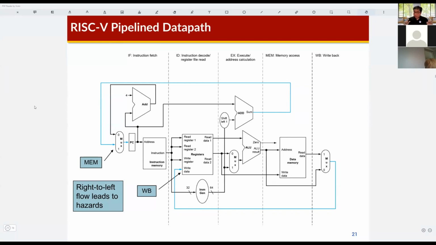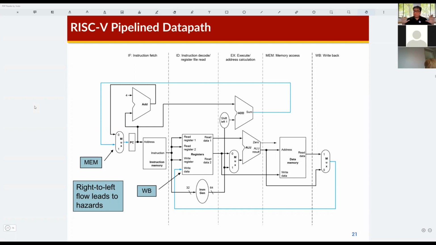Also, we define the control unit of the single cycle processor, because each data path element requires control signals from the control unit. These control signals are determined based on the instruction formats or instructions.